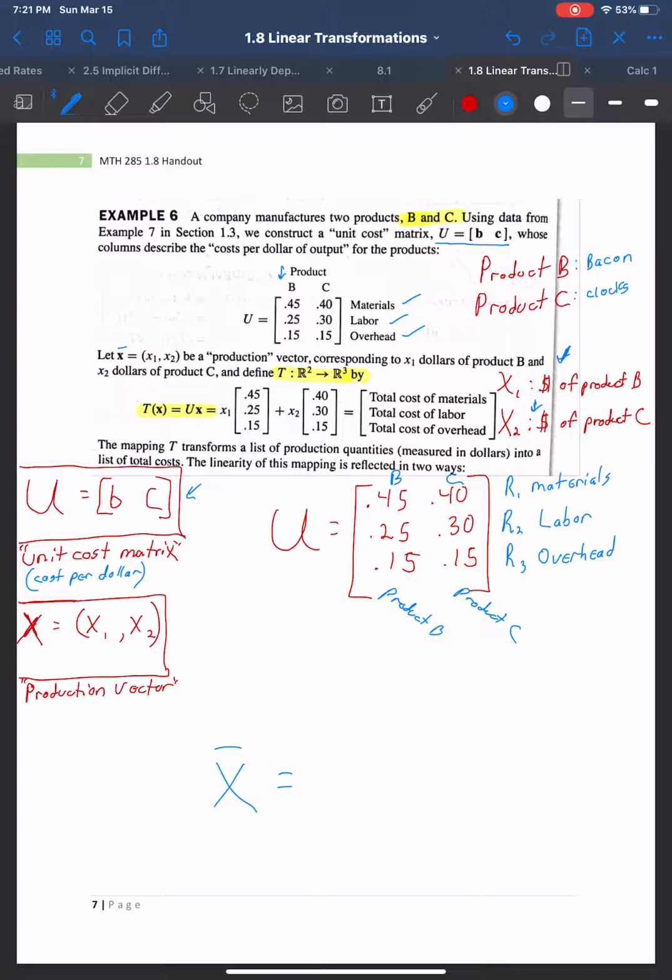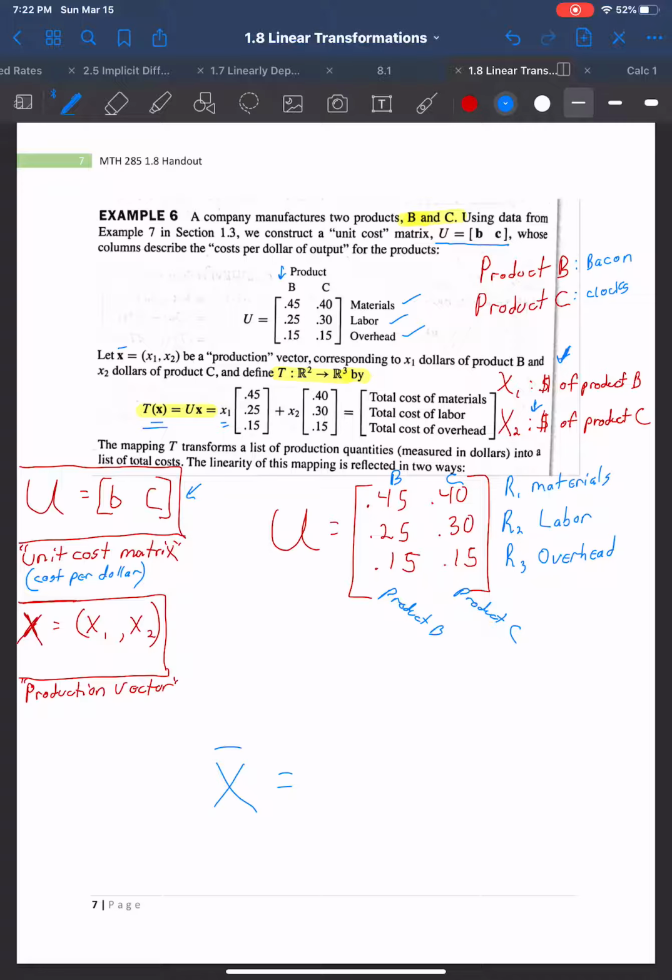Now, T of x, and let me actually finish here. We're going to define a transformation from R2 to R3 by the following, T of x. So you can think about your unit cost matrix being set up as follows.